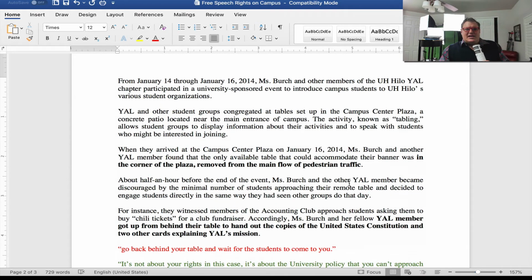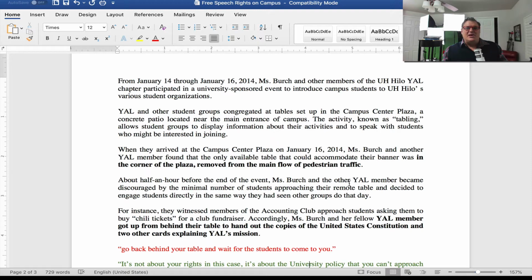Here were some of the other allegations. From January 14th to January 16th, a 2.5-day period, Miss Burch and other members of the UH Hilo YAL chapter participated in a university-sponsored event that was designed to introduce campus students to UH Hilo's various student organizations. This is when they all line up the tables and say, here are all the different organizations that you can join and get involved in and make your campus life more enriching.